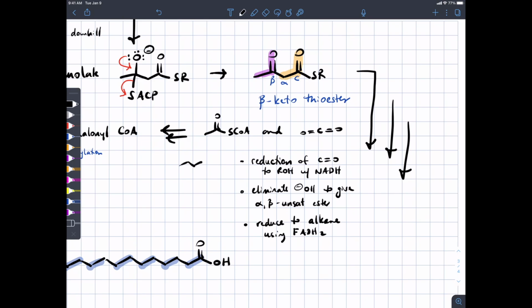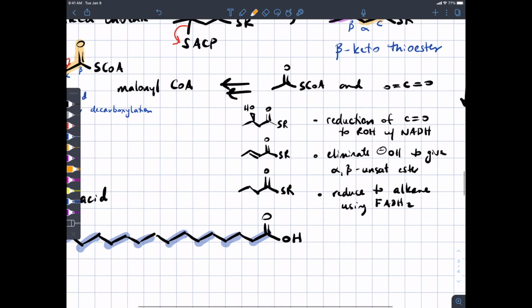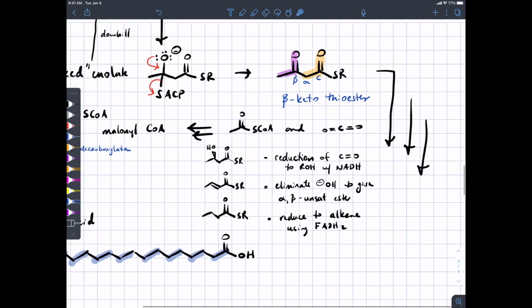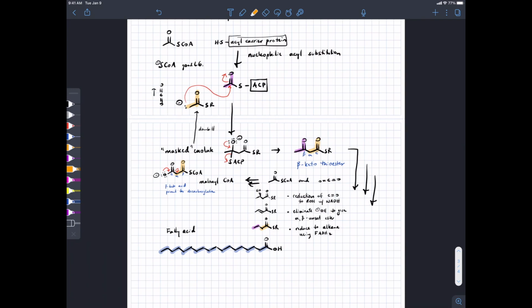So when we reduce the ketone, it's going to look like this. When we eliminate to get that alpha beta unsaturated thioester, it's going to look like this. And once we reduce the double bond in the alpha beta unsaturated carbonyl compound, we'll have this longer chain thioester, in which both of these 2-carbon units came ultimately from acetyl-CoA.